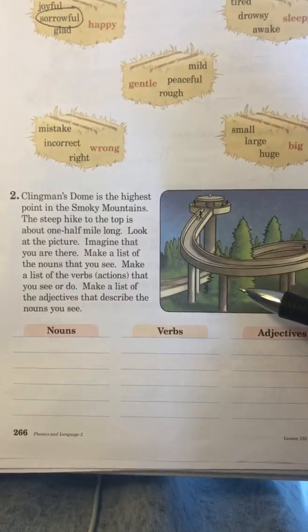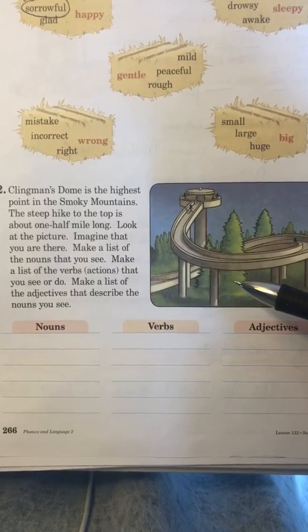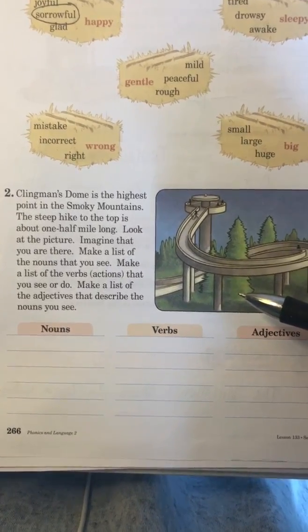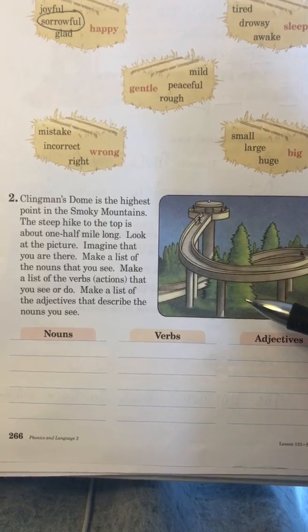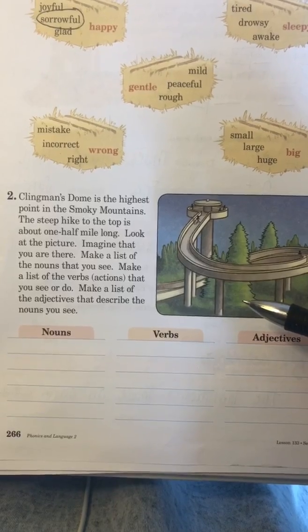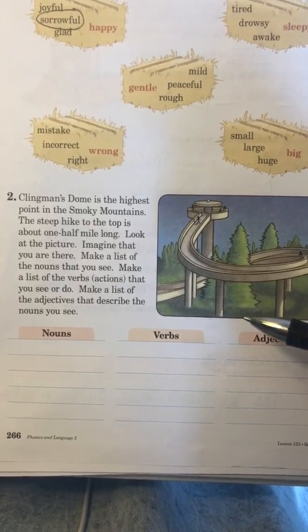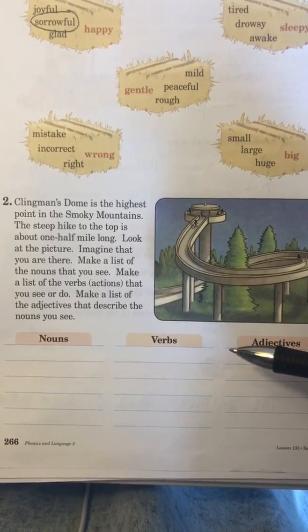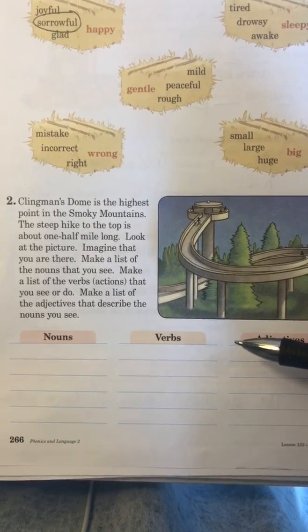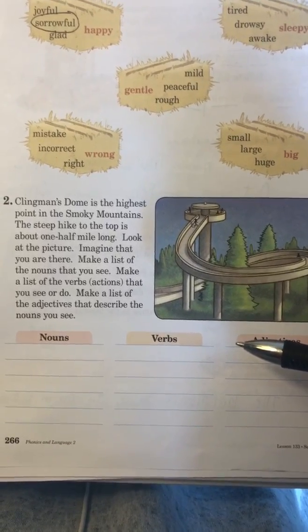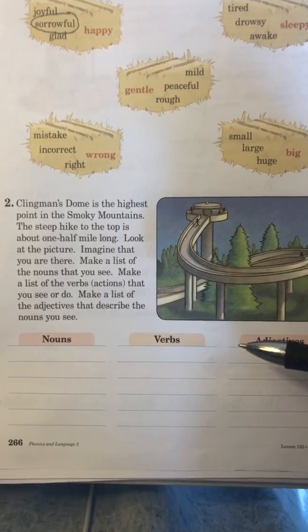Number 2, Clingman's Dome is the highest point in the Smoky Mountains. The steep hike to the top is about 1/2 mile long. Look at the picture. Imagine that you are there. Make a list of the nouns you see. Make a list of the verbs, which are actions that you see or do, and make a list of the adjectives that describe the nouns you see.